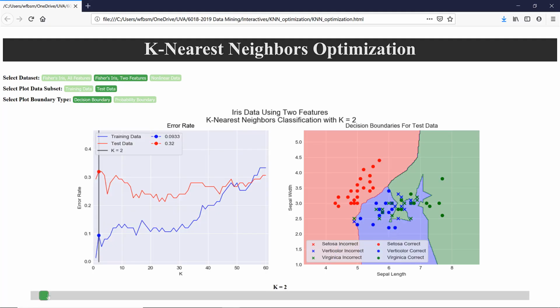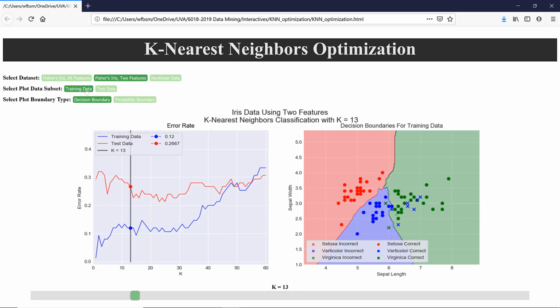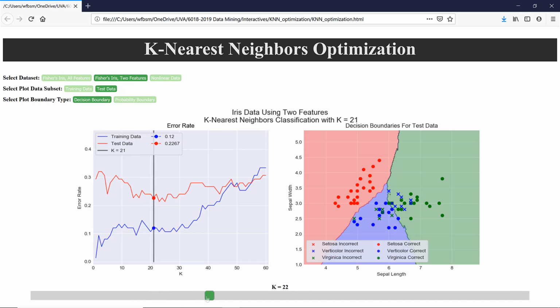As we increase K, we find that our training data error goes up a little bit. Our test data error has maybe gone down a little bit. And then somewhere in this range, we have our test data error that's gotten its lowest. And if you look at our decision boundaries, they look fairly reasonable for this data.